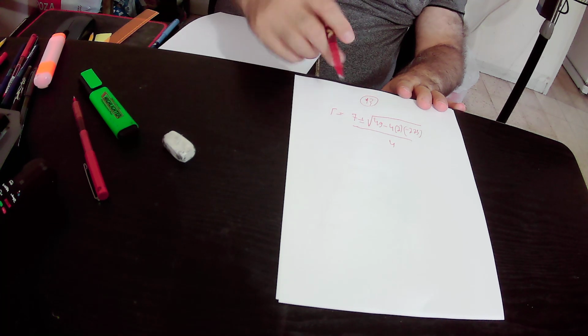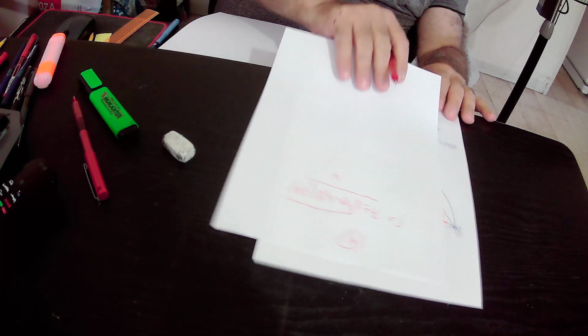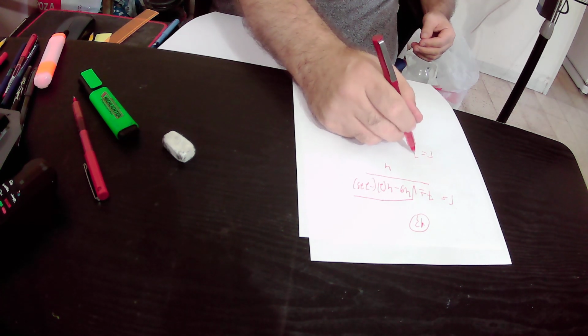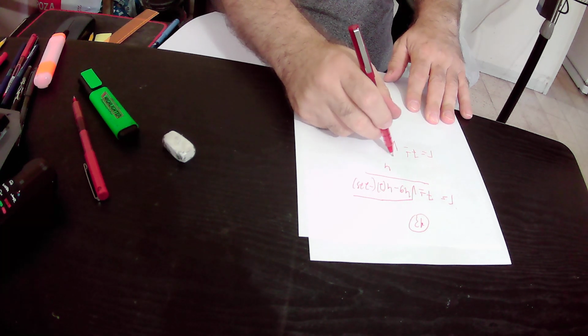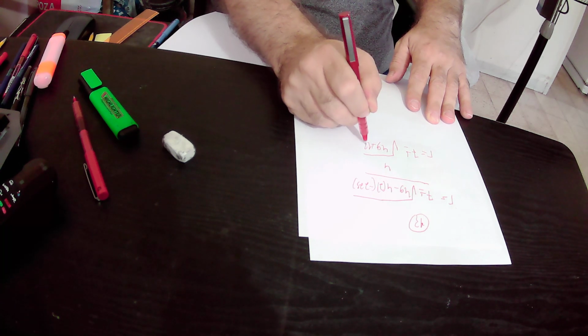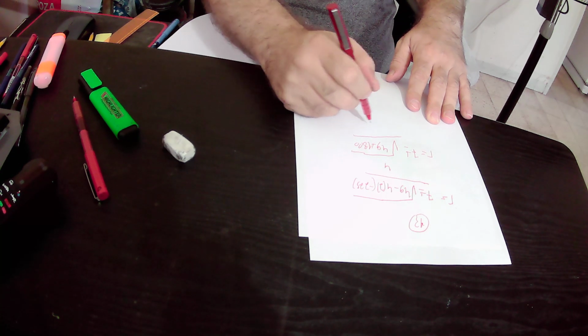Okay, so I write it down. In total we'll get that r equals 7 plus minus root of 49 plus 1800 over 4.